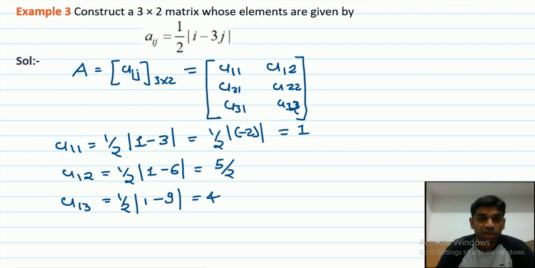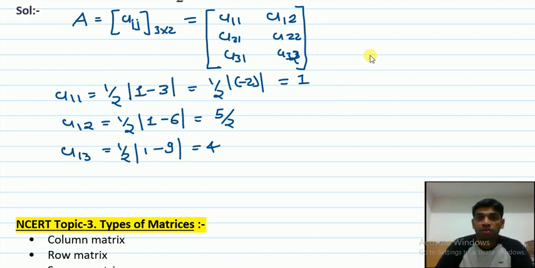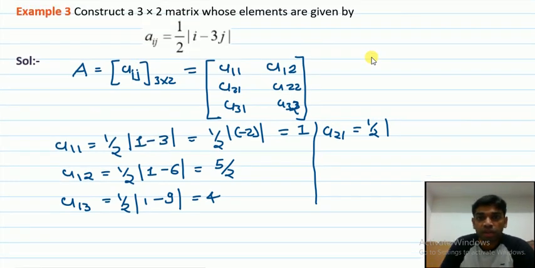So similarly we get all the elements like this. A21, that is again 1 by 2, i is equal to 2, so 2 minus 3, which is negative, and the mode of negative is positive, 1 by 2.